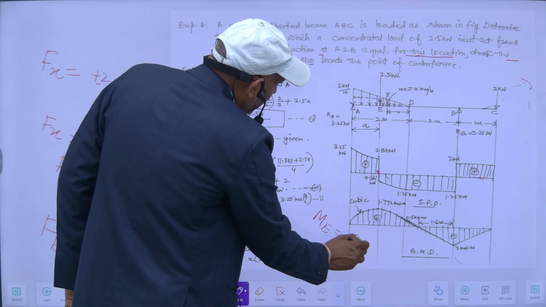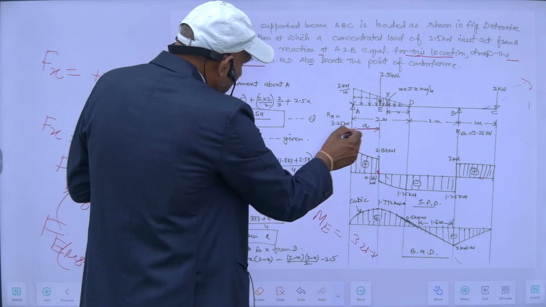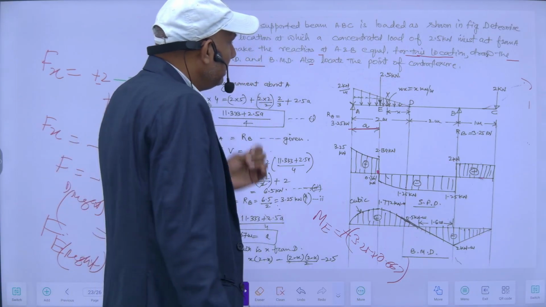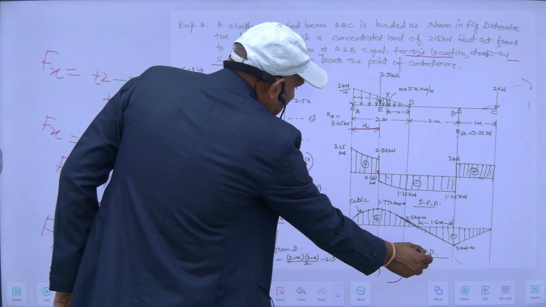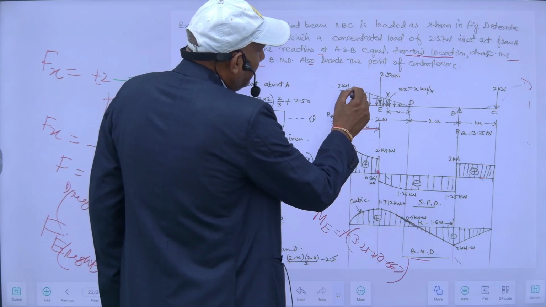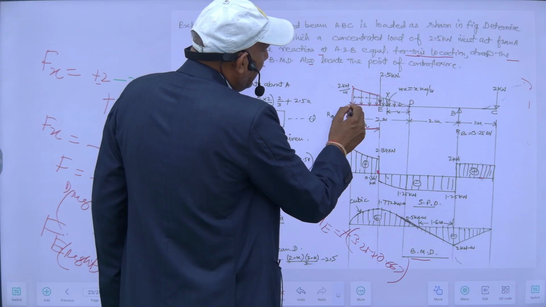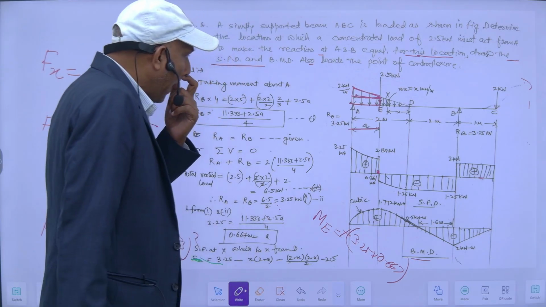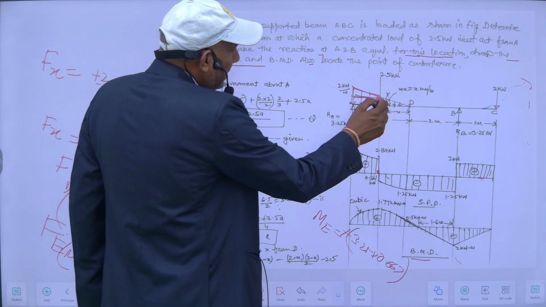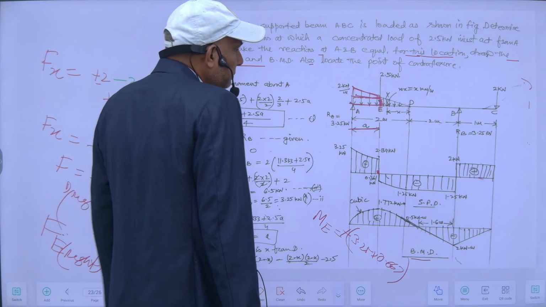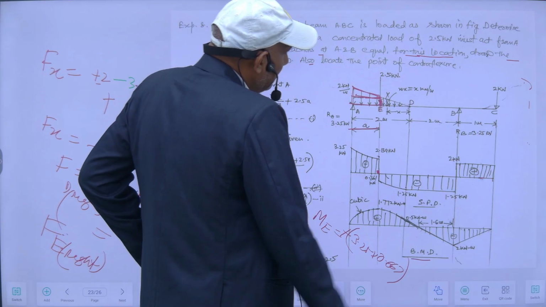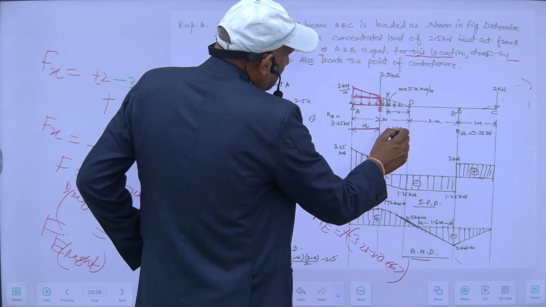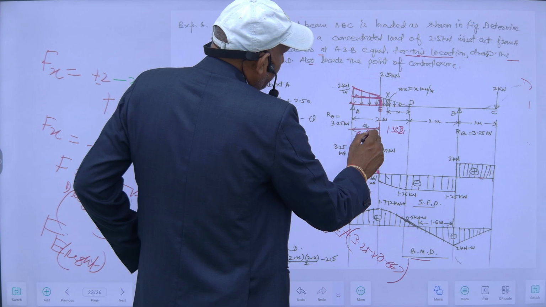So bending moment at the E point will be 3.25 into this distance, which is 0.667, minus the bending moment because of this trapezoidal load. I can divide it into two parts: one is a triangle and the other is a trapezoid. The x is equal to 1.333 meter, and it is 0.667 here.